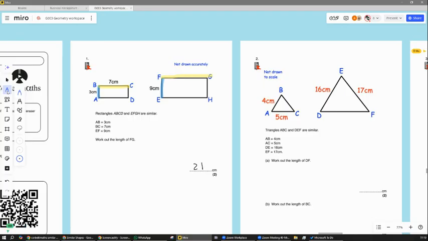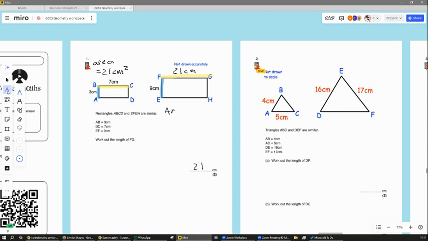What about the area then? Well, let's look at the area of this smaller shape. The area is going to be 21 centimeters squared, and that's just a coincidence that this is also 21. And the area of this one, so how did I do this?